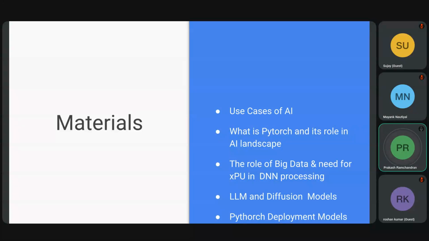So 250 into 4 is around 1 kilowatt, and if you have 12 it means 3 kilowatt. So you don't need more than 3 kilowatt if you don't have any GPU or XPU.